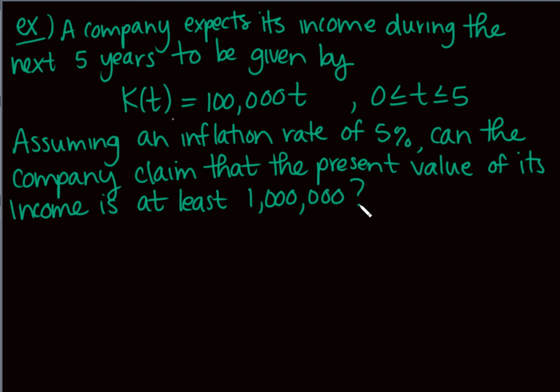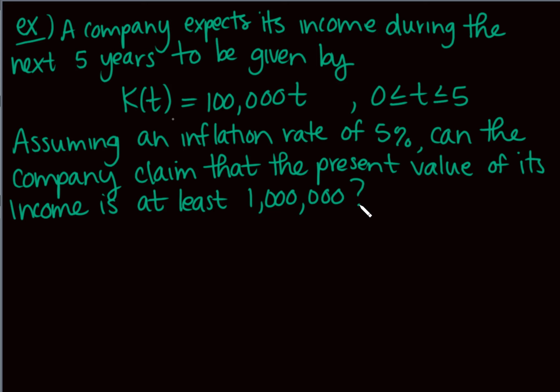So what can this company claim about its worth right now, knowing how it's going to grow in the future? What is this company's income worth right now? We know how it's going to grow, and how much it's going to grow per year. We did this before; we could even figure out its income over the next 5 years.